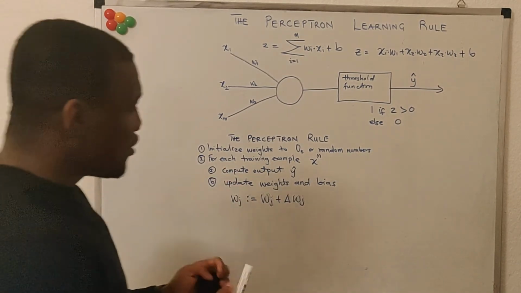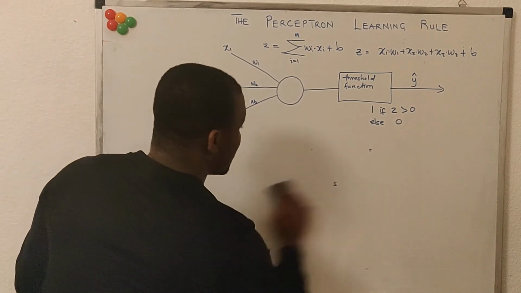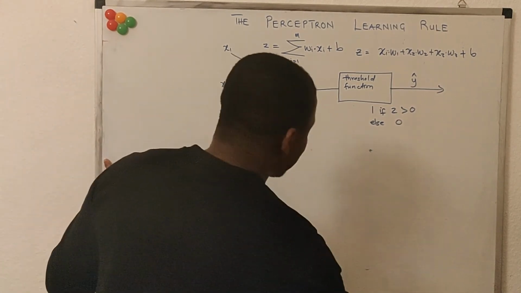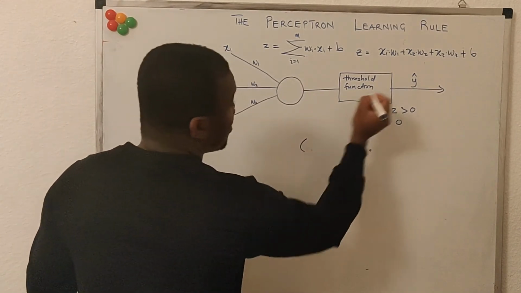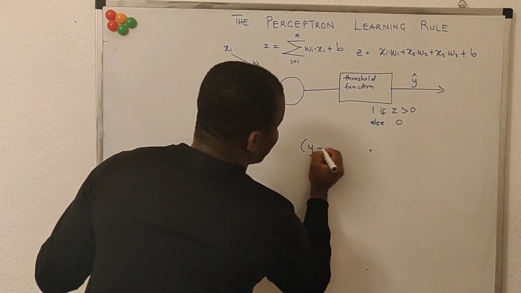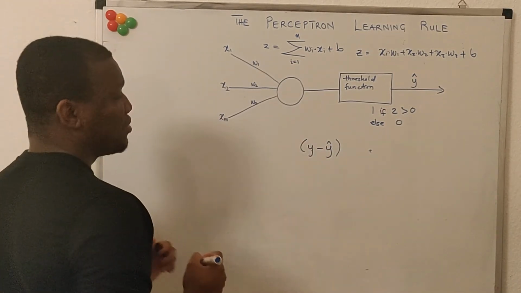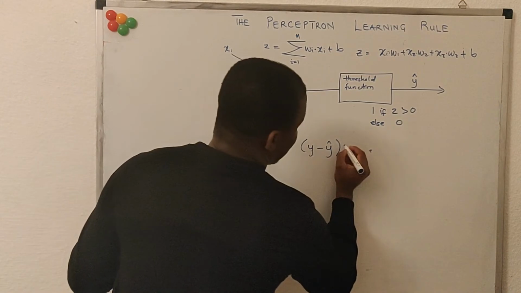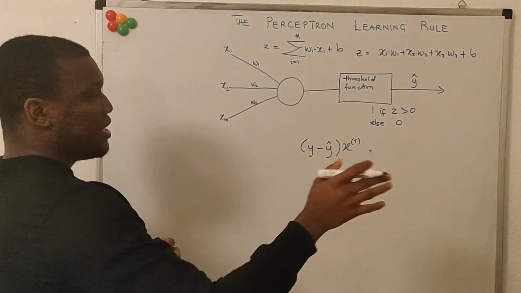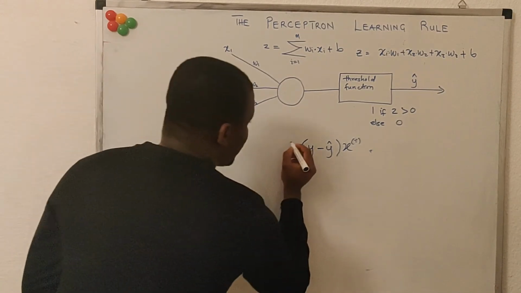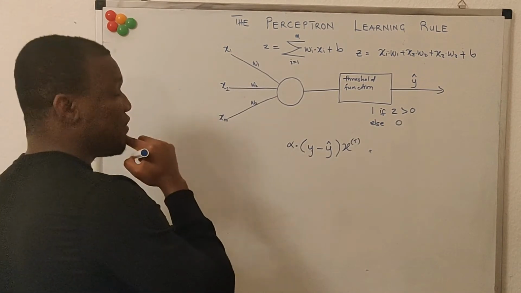Let me explain it very well. The way we do the update is, first of all, we subtract the predicted output from the original output, or the label, and then we multiply it by the training example, and we also multiply it by some constant called alpha.